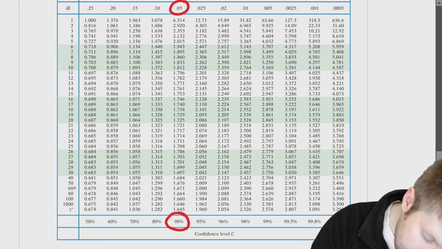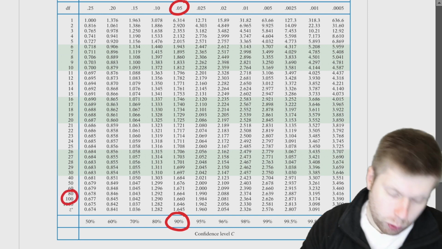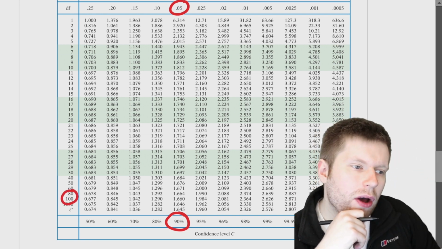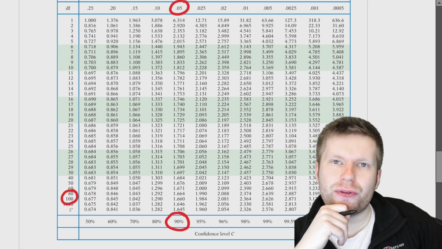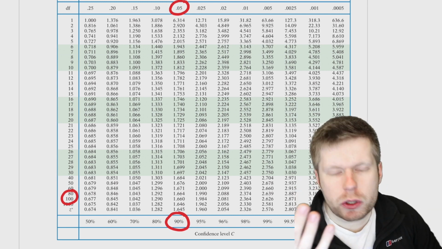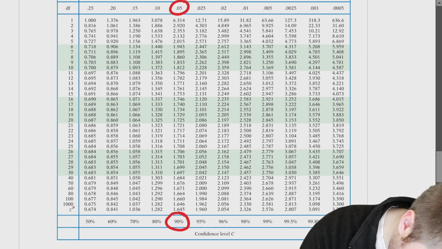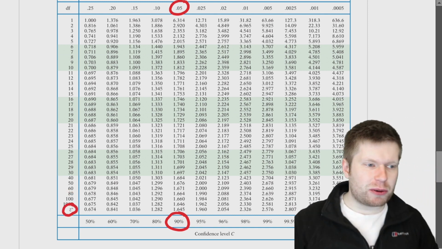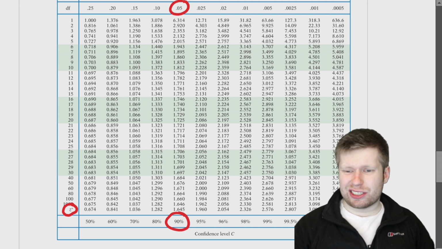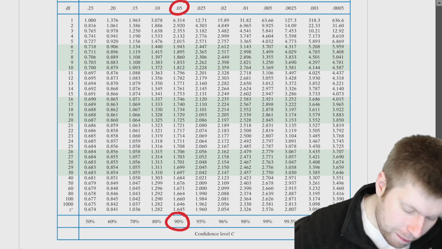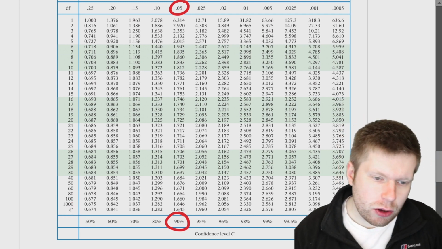You notice in this case that there isn't 88 in the tables. That's fine. As the degrees of freedom increase, the t distribution looks remarkably like the z distribution anyway. Hence the reason why you see down here that for anything greater than or equal to 1,000, they say just use the z distribution. So that's fine, we need to look for 88.